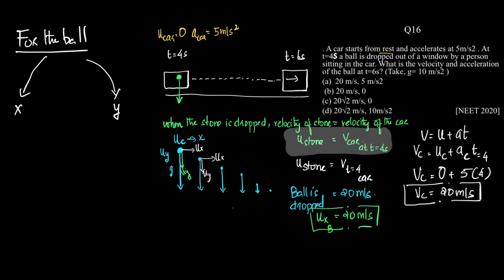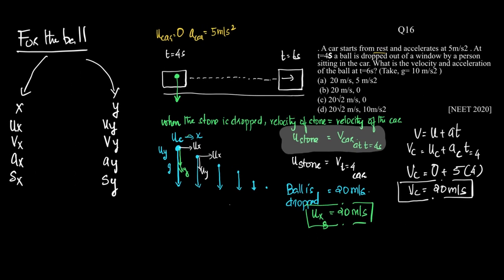So what are the different quantities? We have initial velocity as ux, final velocity as vx, acceleration along the component as ax, and displacement as sx. Corresponding for the ball in the y component, we have initial velocity in the y direction uy, final velocity as vy, acceleration along the component is ay, and displacement is sy.